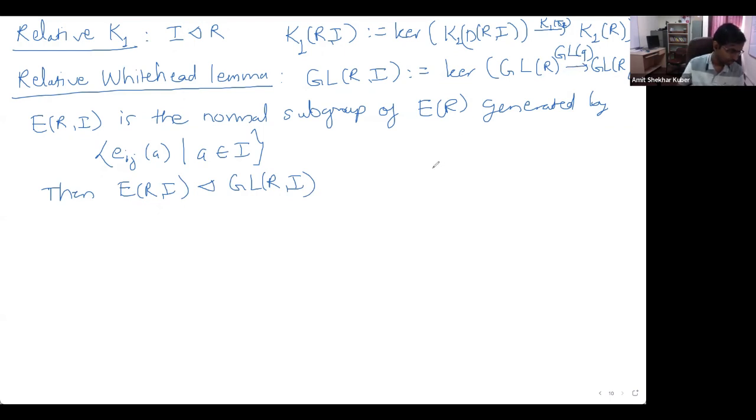And GL(R,I) modulo E(R,I) is actually the center of GLR modulo E(R,I).